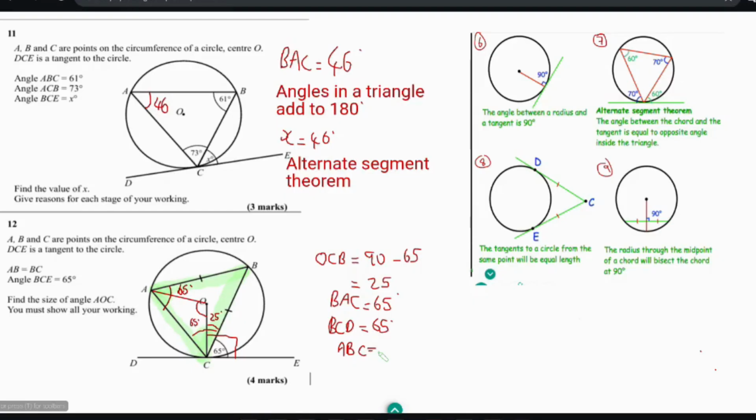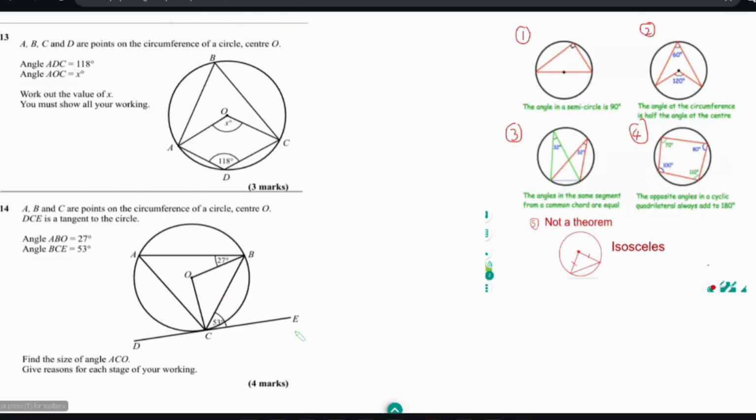Question 13. Okay, so for question 13, we'll look at our non-tangent theorems. Question 1, do we have a diameter? No. 2, do we have an arrow? Yes, we do. So we know the angle at the centre is double the angle at the circumference. We don't know either yet though. 3, we don't have a bow. Do we have a cyclic quad?